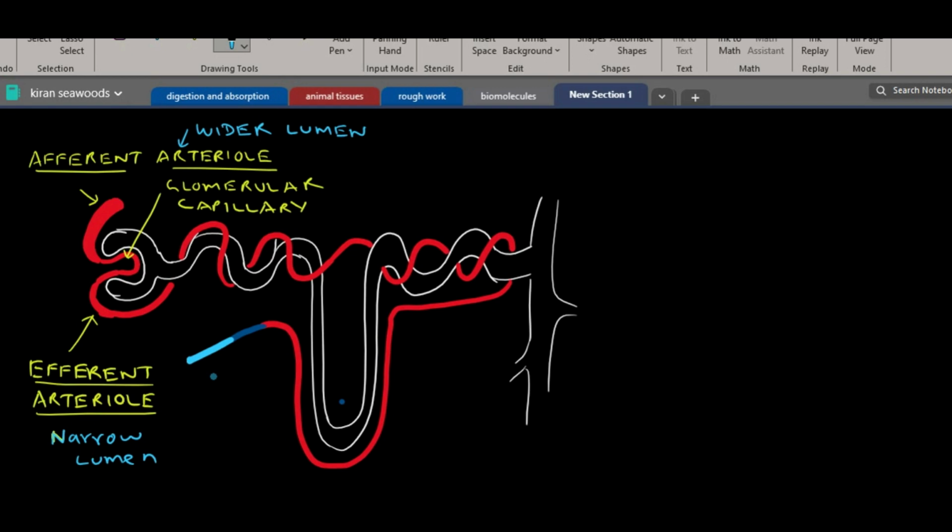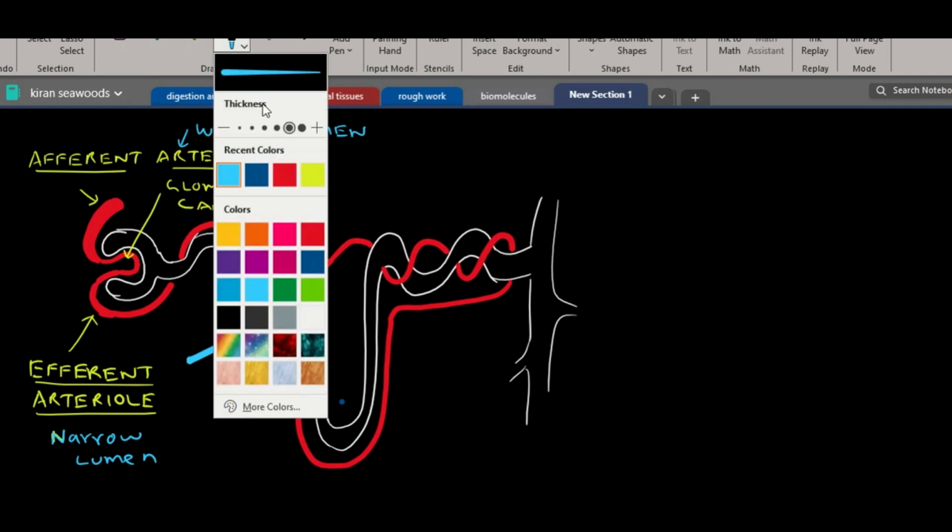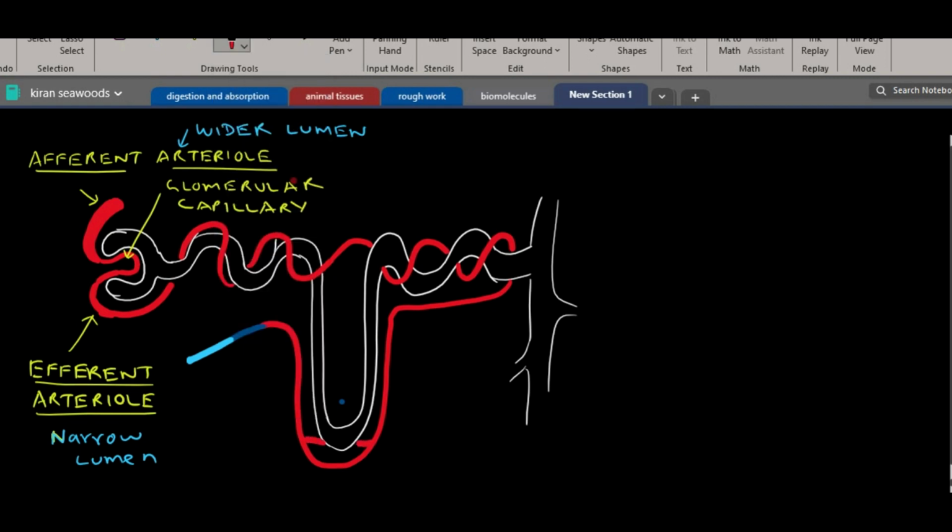We're not concerned with that right now, but we have to remember that it forms capillaries around the PCT and DCT, as well as capillaries around the loop of Henle, something like this.